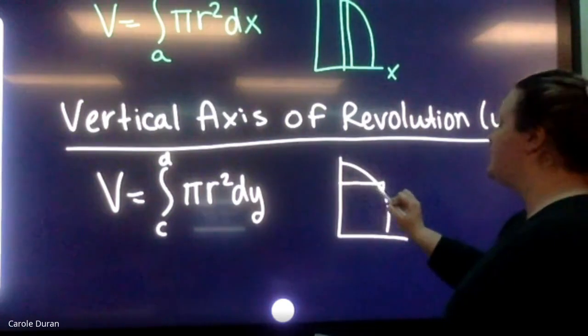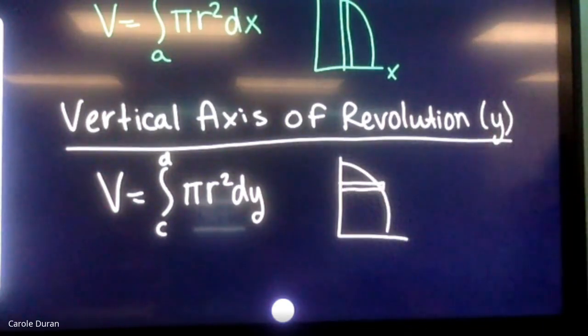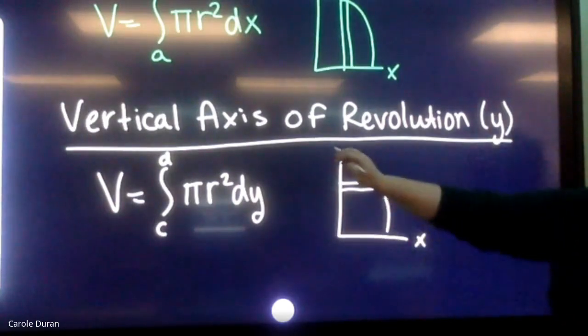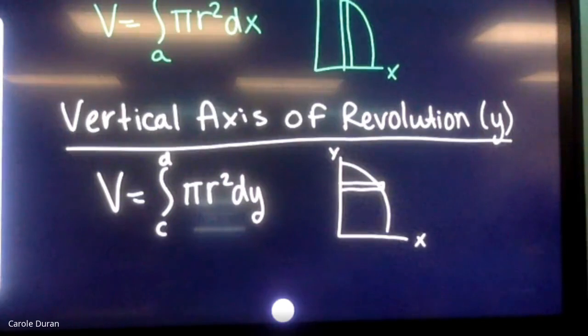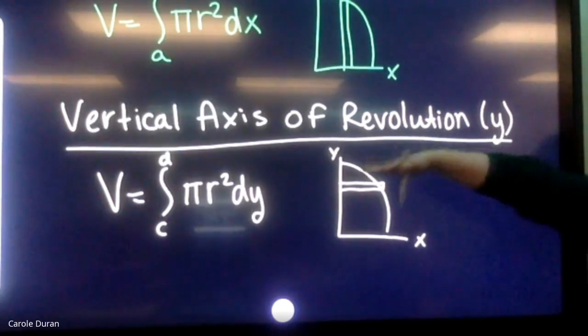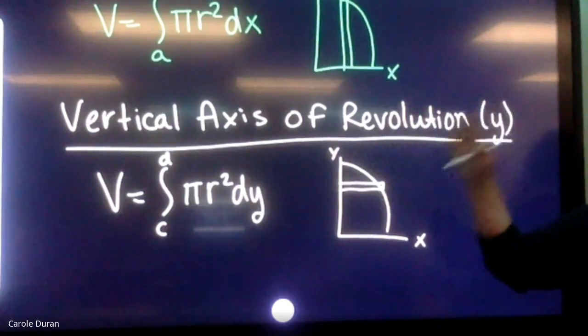And our cross section would be perpendicular to the y-axis. They're not the prettiest, so we don't have to draw them, as long as you know where the cross sections come out of, I'm okay. So vertical is perpendicular to the y, horizontal is perpendicular to the x.